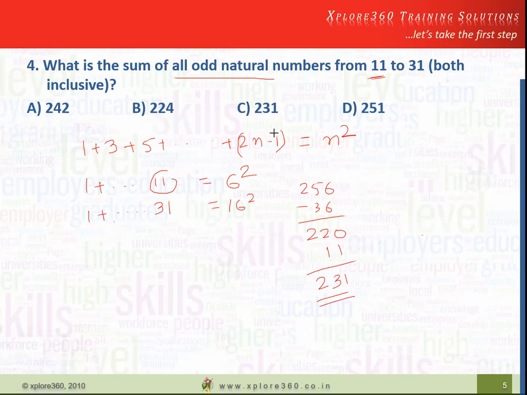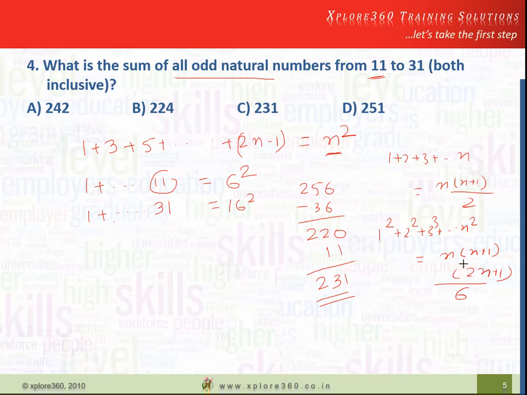Some of you may say that you will use the AP formula and get the answer. Not an issue, this is a very simple question, but I think most of my viewers are not aware of this particular formula, that's why I used it. You must remember 1 plus 2 plus 3 plus dot dot dot n equals n into n plus 1 upon 2. Similarly, 1 square plus 2 square plus 3 square dot dot dot n square equals n into n plus 1 into 2n plus 1 upon 6.